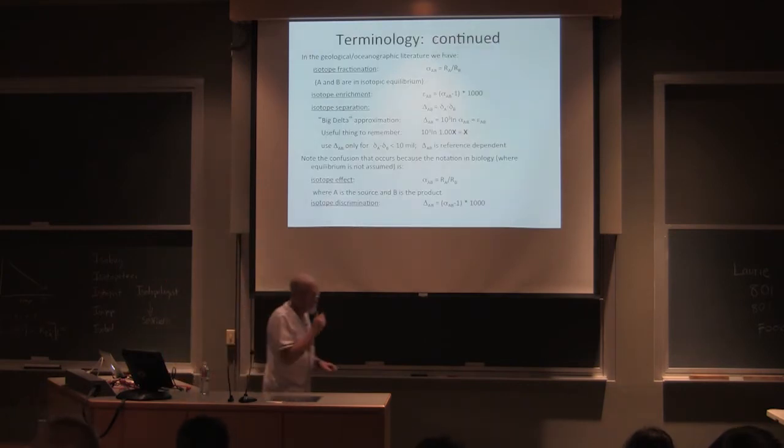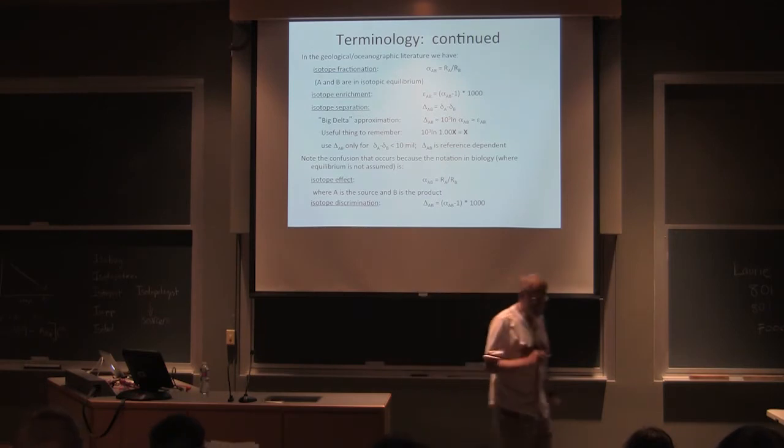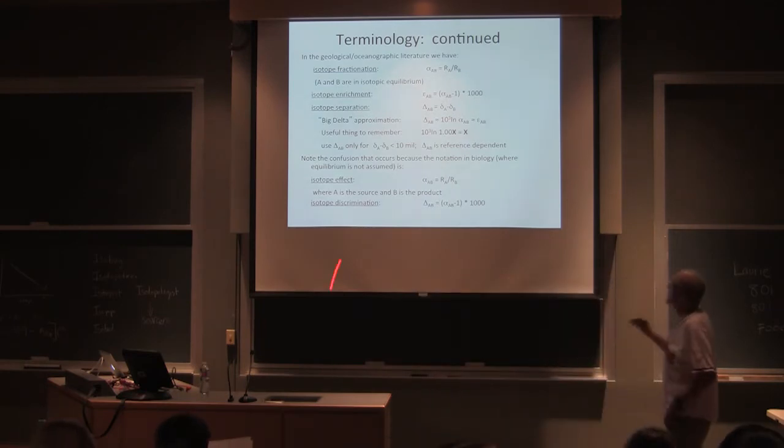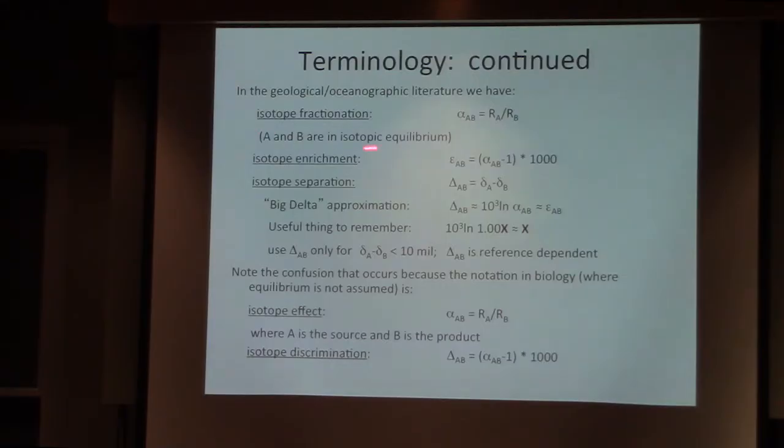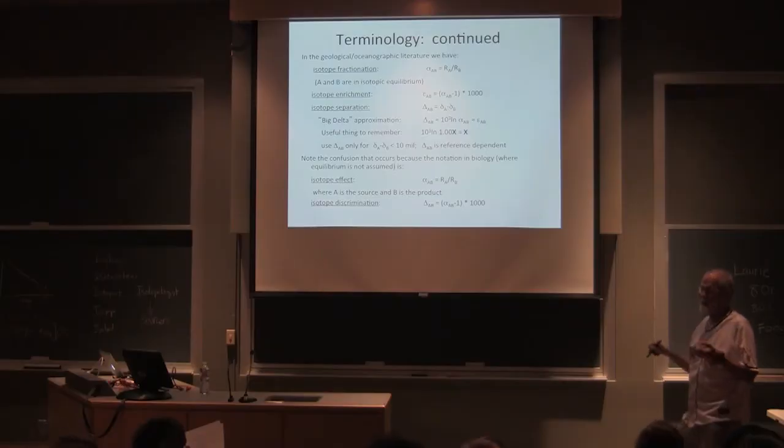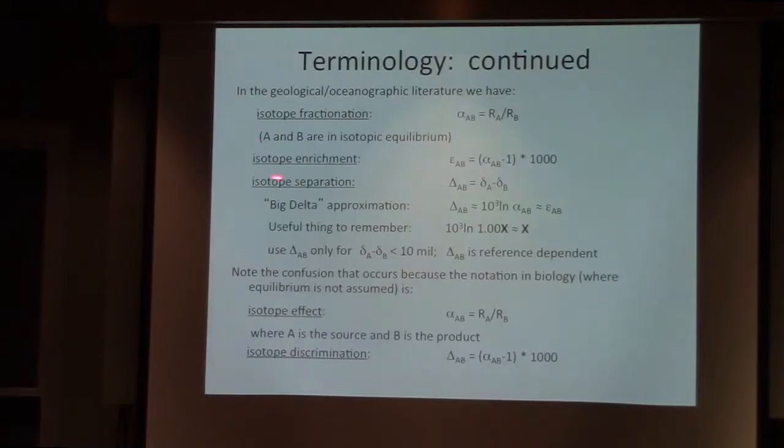Okay, now here's where I just want to make sure that we get on a little bit of the same page. Okay, this alpha, this isotope fractionation, is for species that are in isotope equilibrium. Okay? And another parallel term, and this is in geology and oceanography, isotope enrichment is epsilon, is just alpha minus 1 times 1,000.